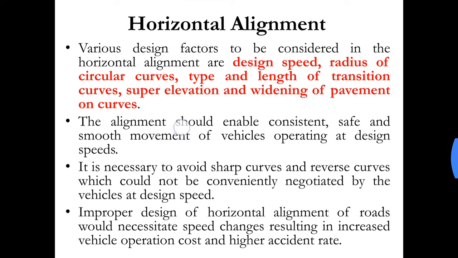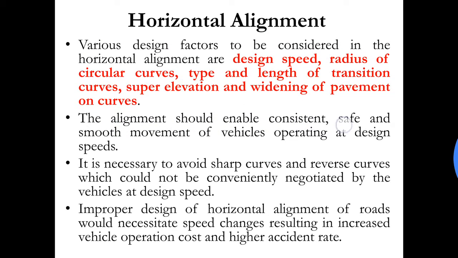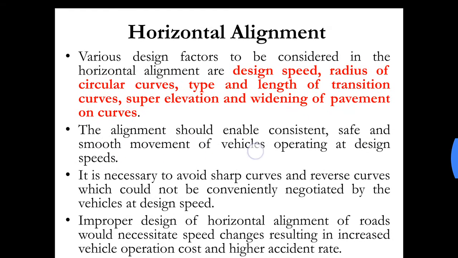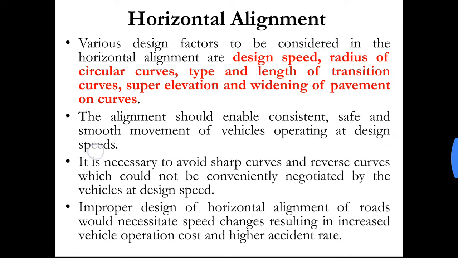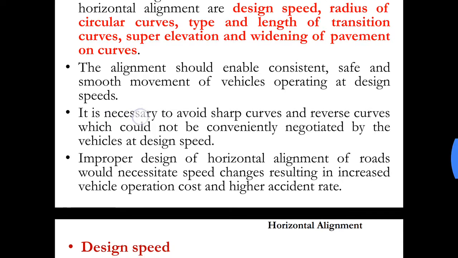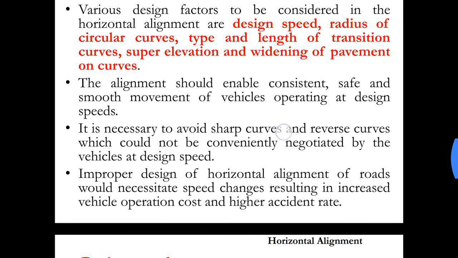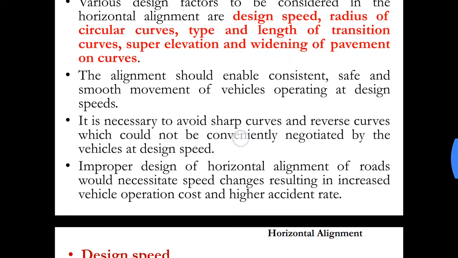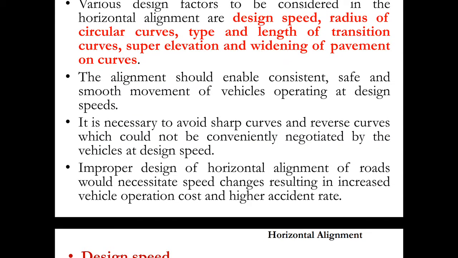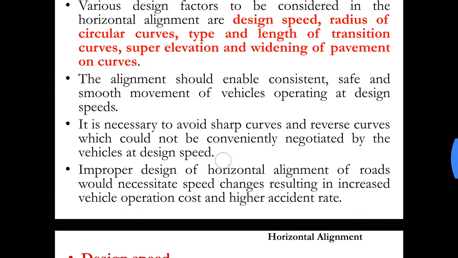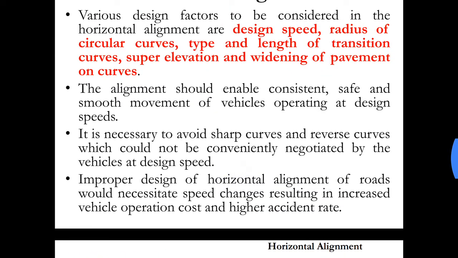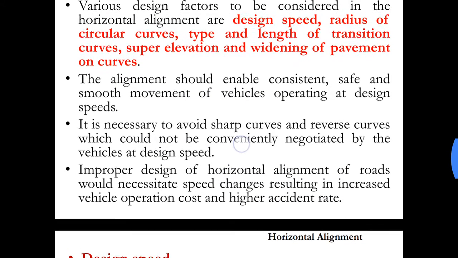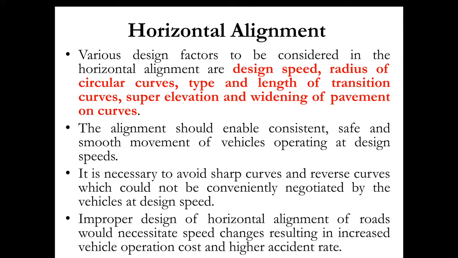The alignment should enable consistent, safe, and smooth movement of vehicles operating at design speeds. It is necessary to avoid sharp curves and reverse curves which could not be conveniently negotiated by the vehicles at design speed. These are a few conditions that we need to satisfy while we set our horizontal alignment.